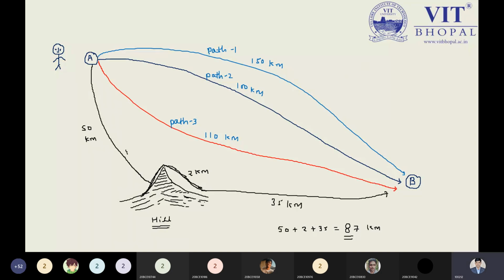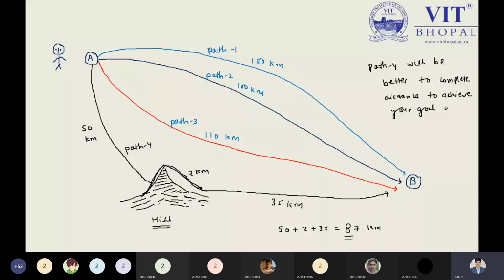This can be known as path 4. So path 4 will be better to complete the distance to achieve your goal with minimum cost, the best path in terms of minimum cost.